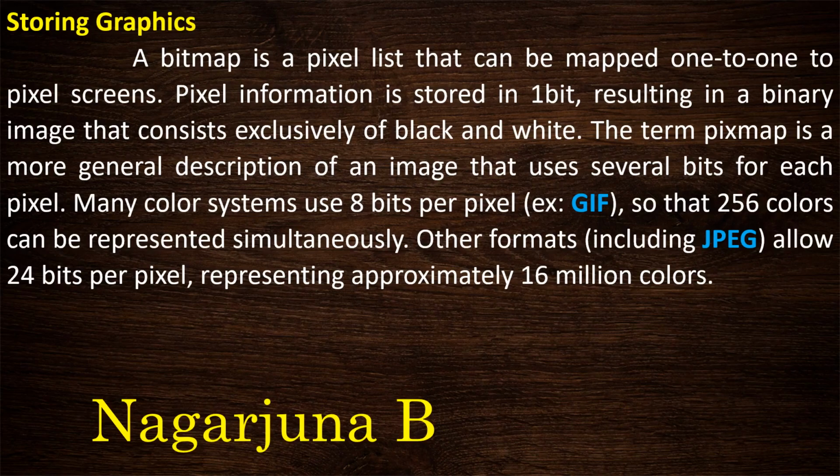A bitmap is a pixel list that can be mapped one-to-one to pixel screens. In the case of a bitmap, the pixel information is stored in 1 bit, resulting in a binary image consisting exclusively of black and white.